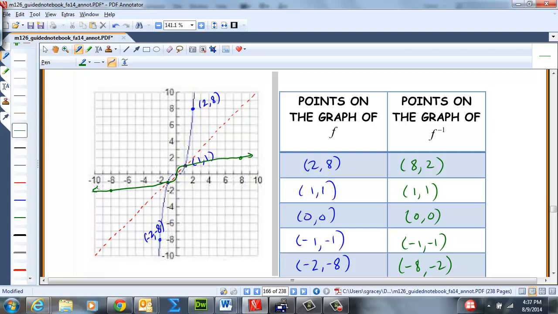We good? All right, awesome. So this is the graph of f inverse. And this here was the graph of f.